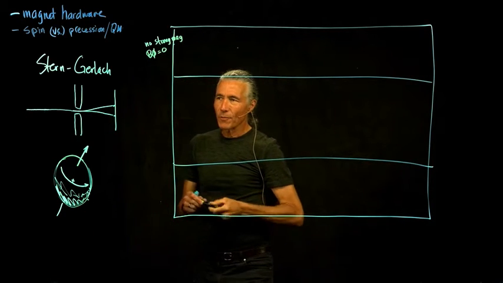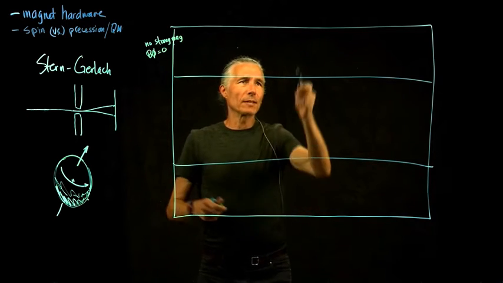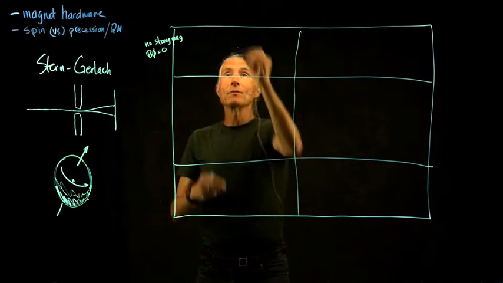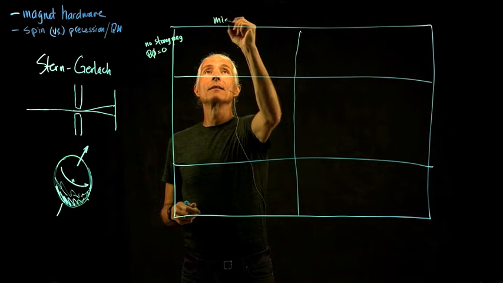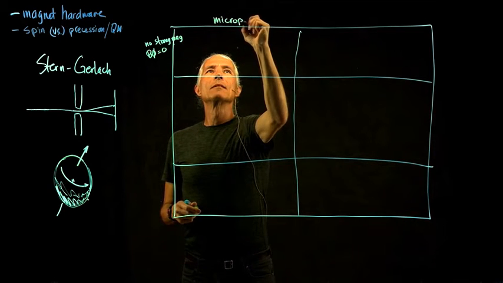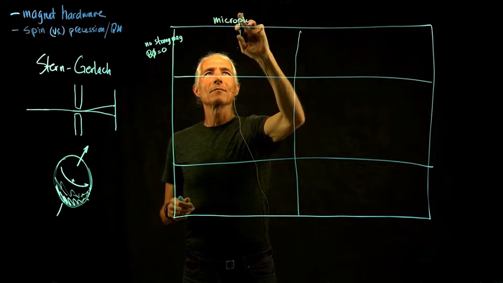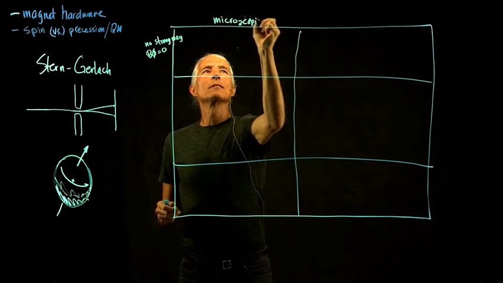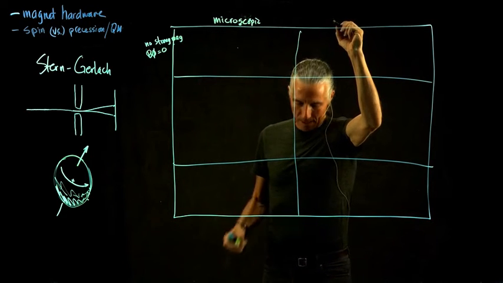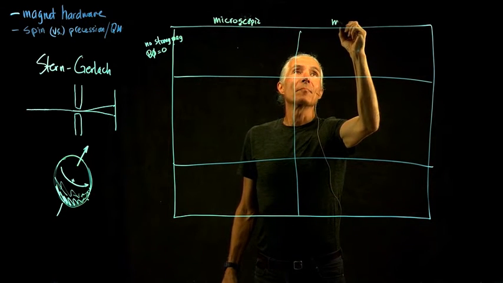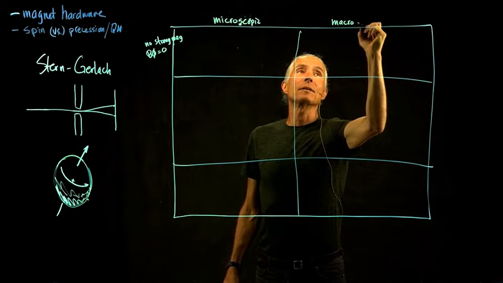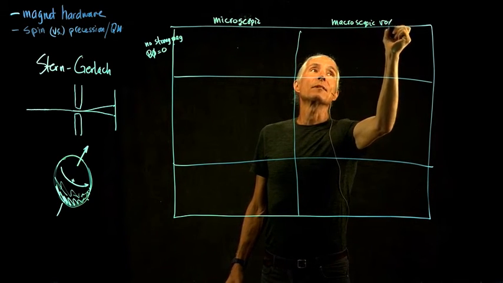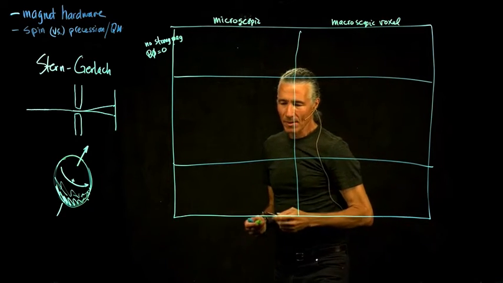And then we have two different views of this. The first view is the microscopic view, and this is the macroscopic, like voxel picture, macroscopic voxel.